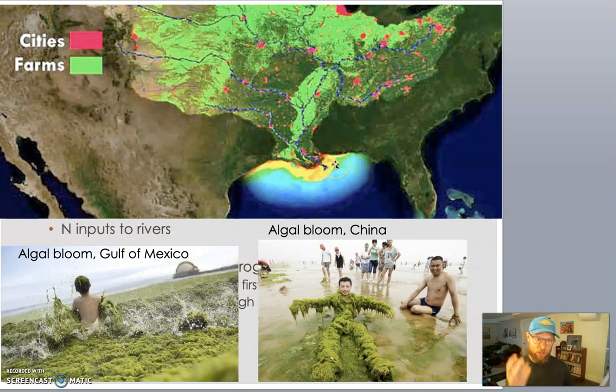And as those oxygen concentrations go down, then the fish tend to die. So really important ecosystem, and the forests in those areas in particular are super important, even though it represents a fairly small percentage of the land area in the eastern US.